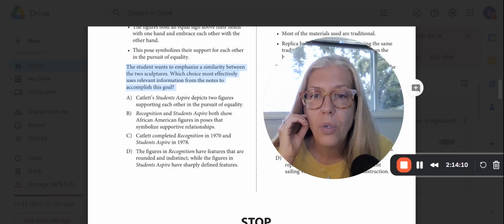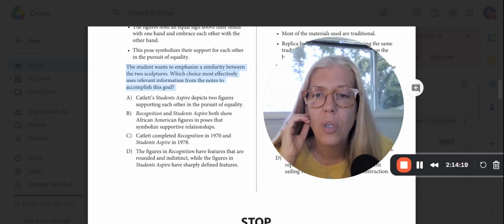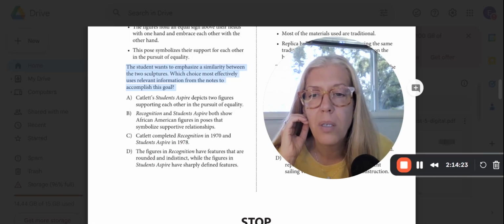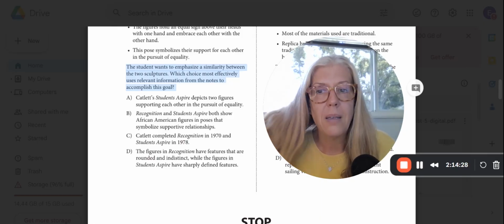A. Catlett's Students Aspire depicts two figures supporting each other in pursuit. That's only one sculpture. B. Recognition and Students Aspire both show African American figures in poses that symbolize supportive relationships. They both show, yes.